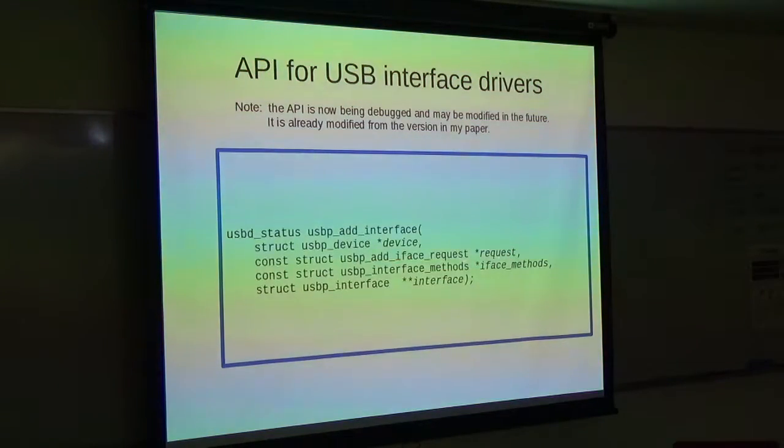In the second argument, you give information about your interface, like what the ID of your interface is. And the third one is a table of methods that the interface provides to usbp. And finally, you get the interface object in this last parameter.